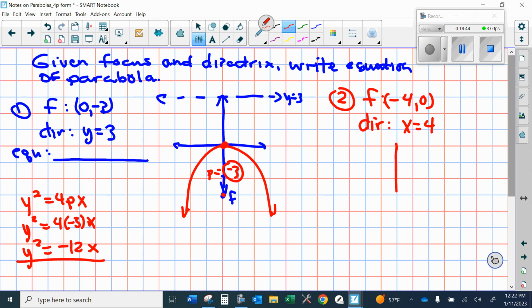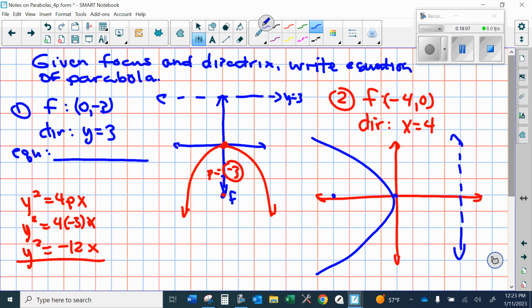Again, you can plot it, x and y axis. -4, 0: 1, 2, 3, 4. That's our focus. The directrix is 1, 2, 3, 4. There's our directrix. We know it can't cross the directrix. The focus is on the inside. The midpoint is 0, 0. So we know it has to open something like this. We're not actually graphing it accurately right now. We're just getting the shape so I know what general equation to use.